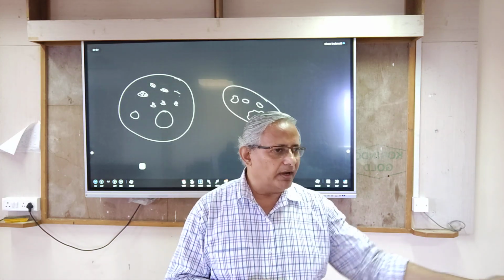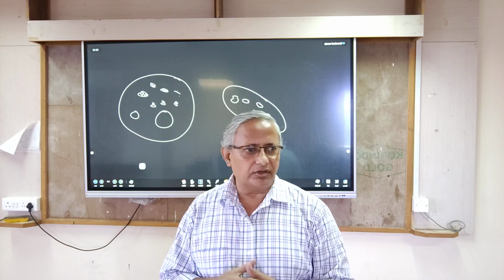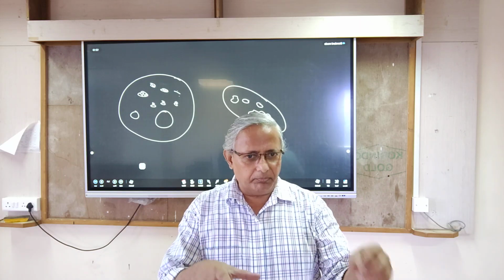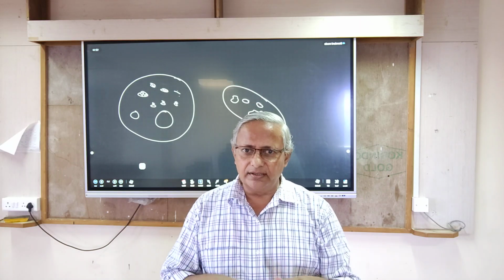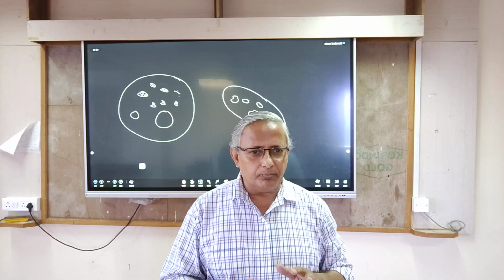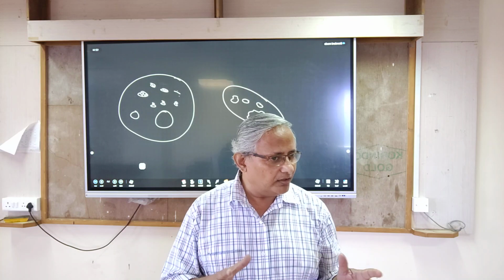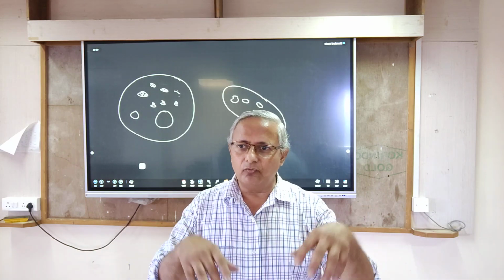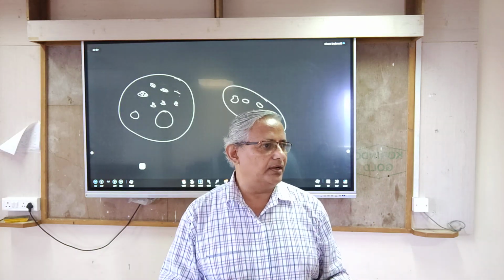Your bed is there, you have a kitchen there, the table is there and you study there, but everything is in one small room. That is like a prokaryote. It's a small thing, everything in one compartment. See, there is no compartmentalization.